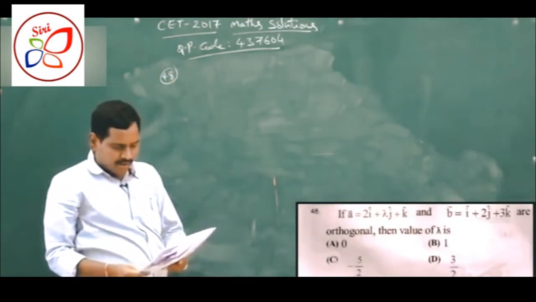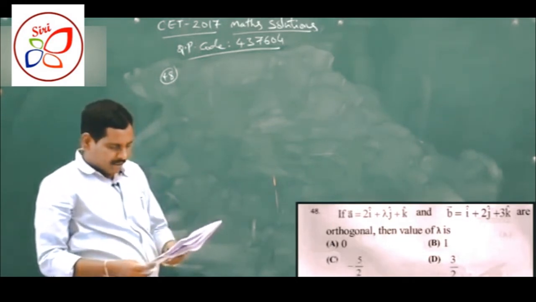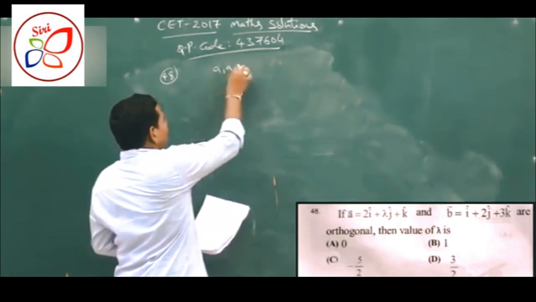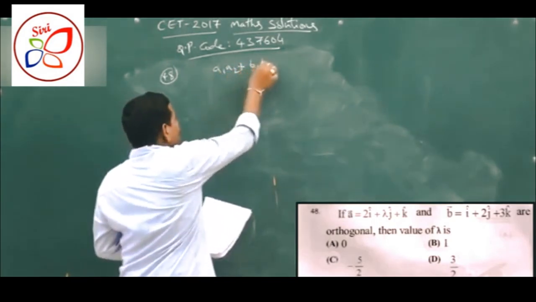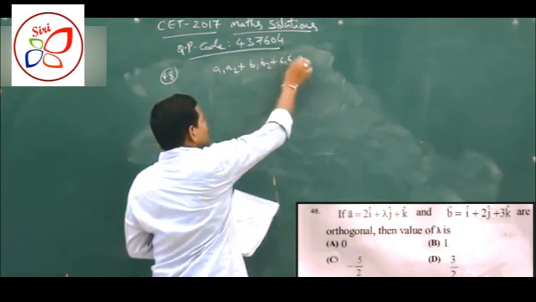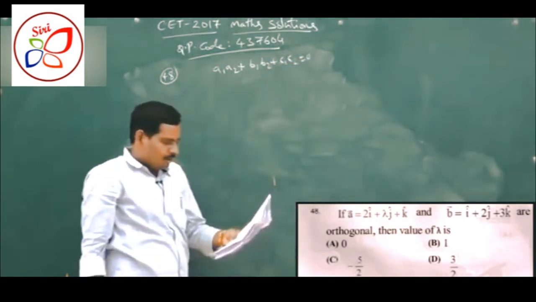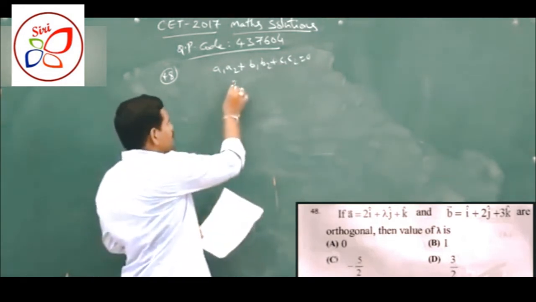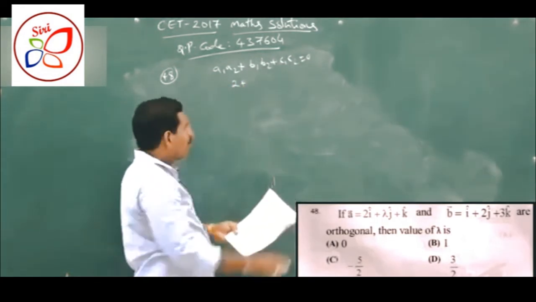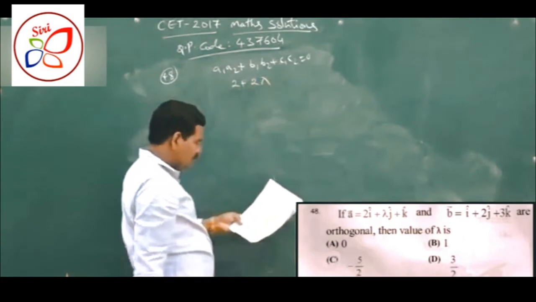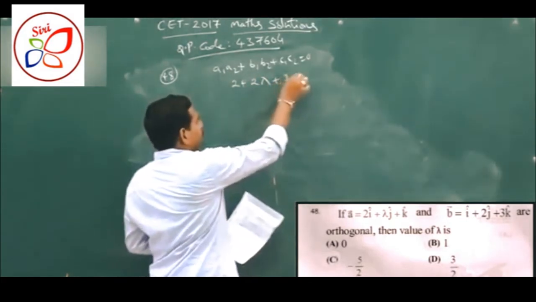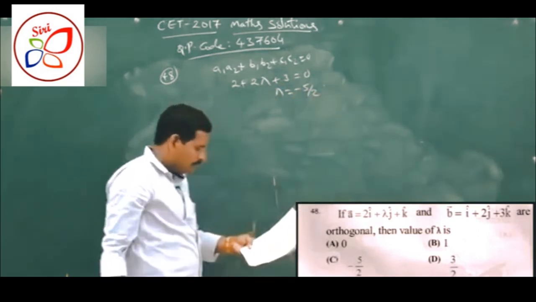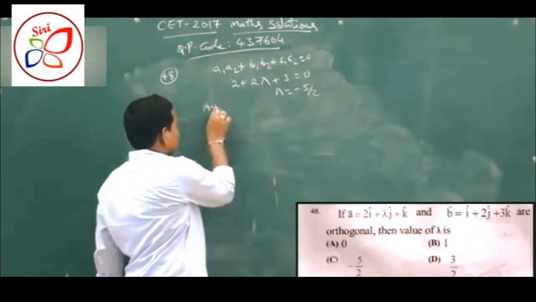Two vectors a bar, b bar are given, they are perpendicular, then what is the value of lambda? If they are perpendicular, a1 a2 plus b1 b2 plus c1 c2 is equal to 0. Sum of multiplication of their coefficients, a1 a2 is 2, b1 b2 is 2 lambda and c1 c2 is 3. 2 lambda is equal to 5, lambda value is minus 5 by 2, which is given in the third option C.